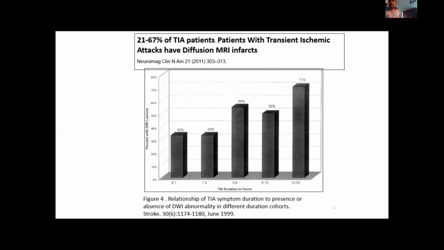And data that's more than 20 years old will say that up to 60% of all of our patients presenting with what's presumed to be a transient ischemic attack have actually had an acute stroke. And therefore the management should be no different. And so attacking TIAs is a big deal.